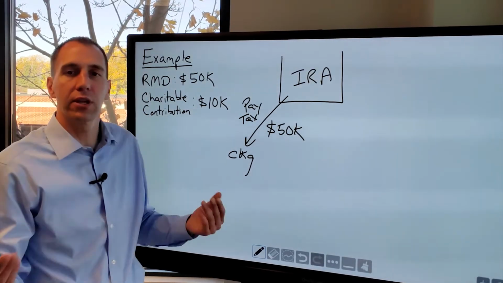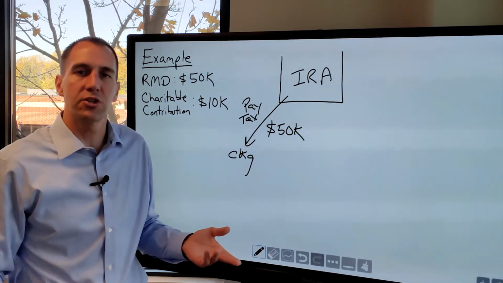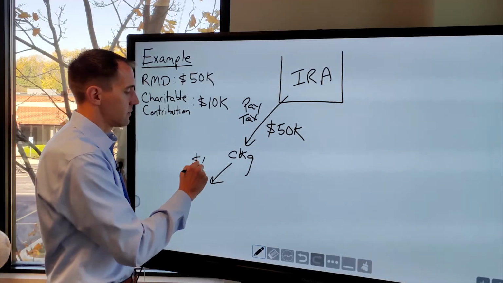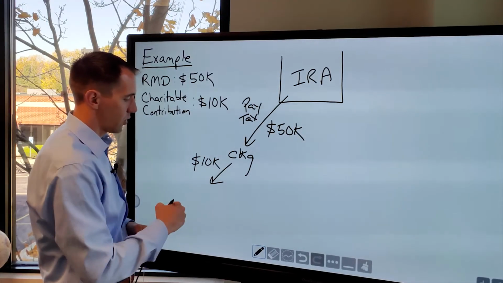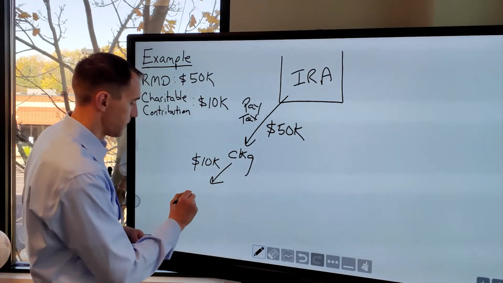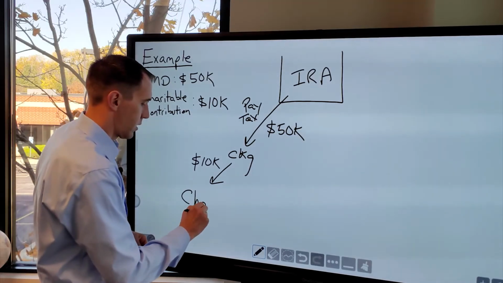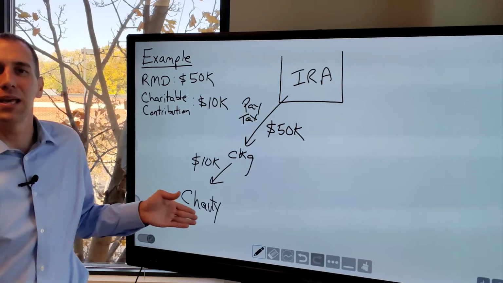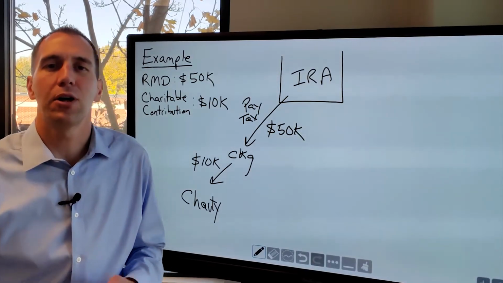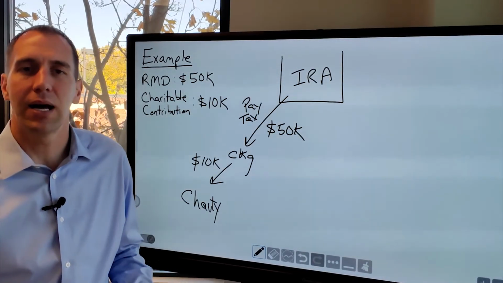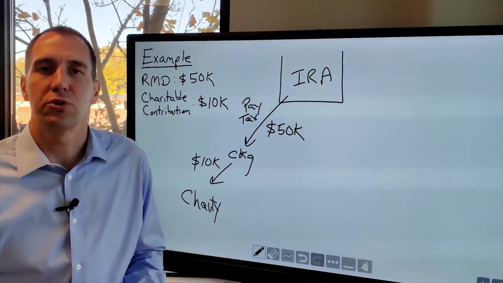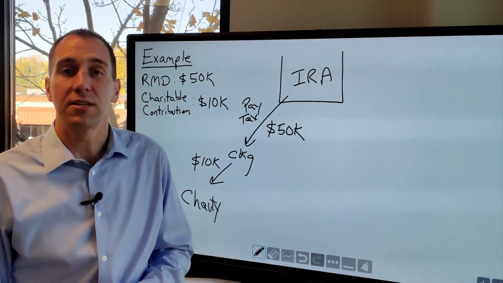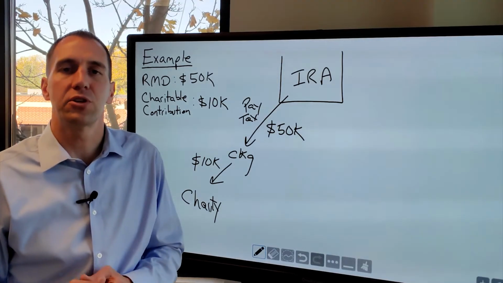And then from there, if you're giving to a charitable organization out of your checking account, let's say, then you're writing that $10,000 worth of charitable donations to the charity. And as I had mentioned, based on standard deductions right now, a lot of times you're not able to itemize those charitable contributions.